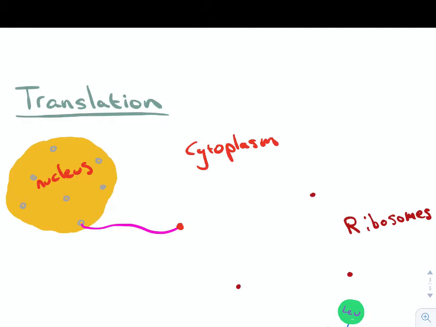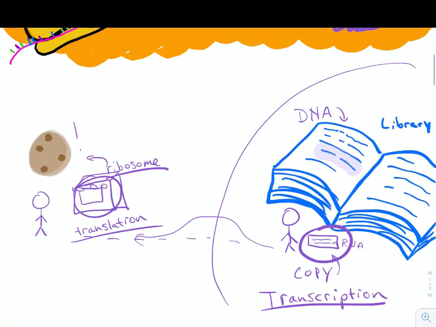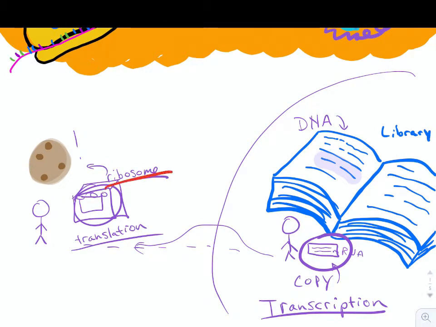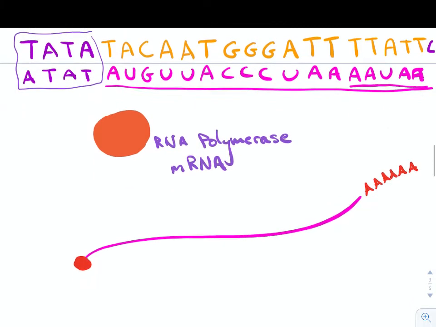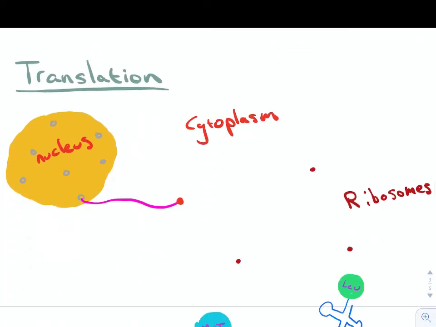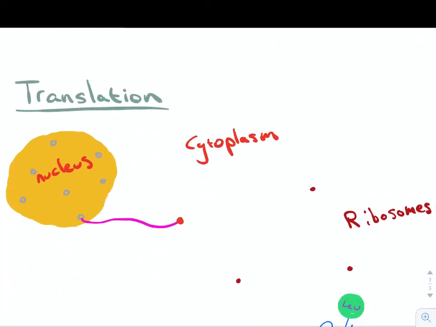And you'll remember from our little cookie analogy up here, this is a ribosome. All right, this is where the translation occurs. So this can either happen in a ribosome that's free in the cytoplasm or in a ribosome that's bound to a rough endoplasmic reticulum. But this is where translation is going to occur.